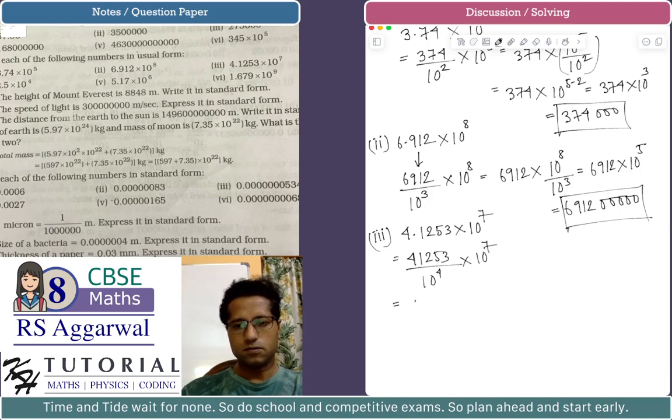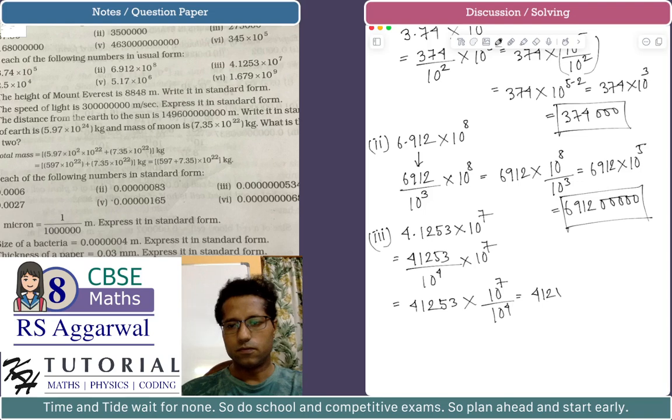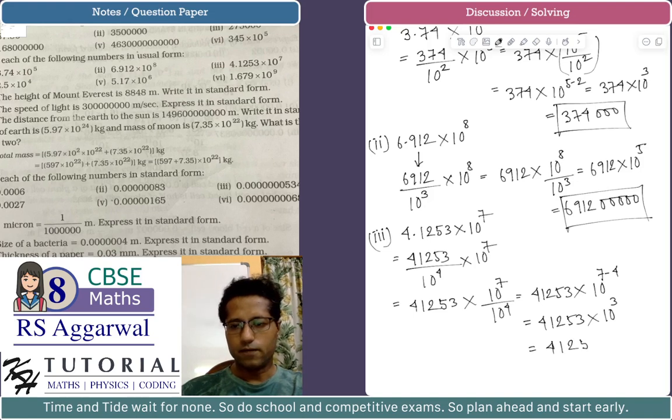So this becomes 41253 multiplied by 10 to the power 7 divided by 10 to the power 4. This is equal to 41253 multiplied by 10 to the power 7 minus 4. This is equal to 41253 multiplied by 10 cube. This is equal to 41253 and 3 zeros. So this is the number in usual form.